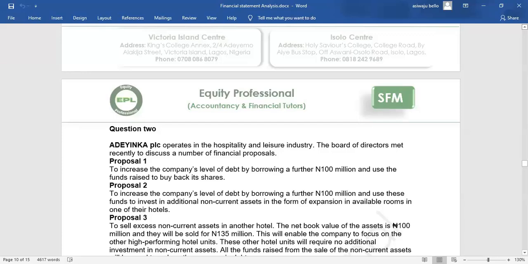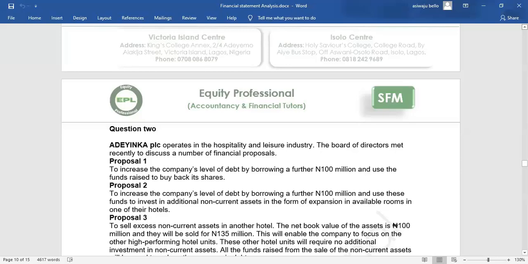Financial analysis is the evaluation of a company's financial statement with a view to assessing the company's past performance and to project the company's future financial prospects.